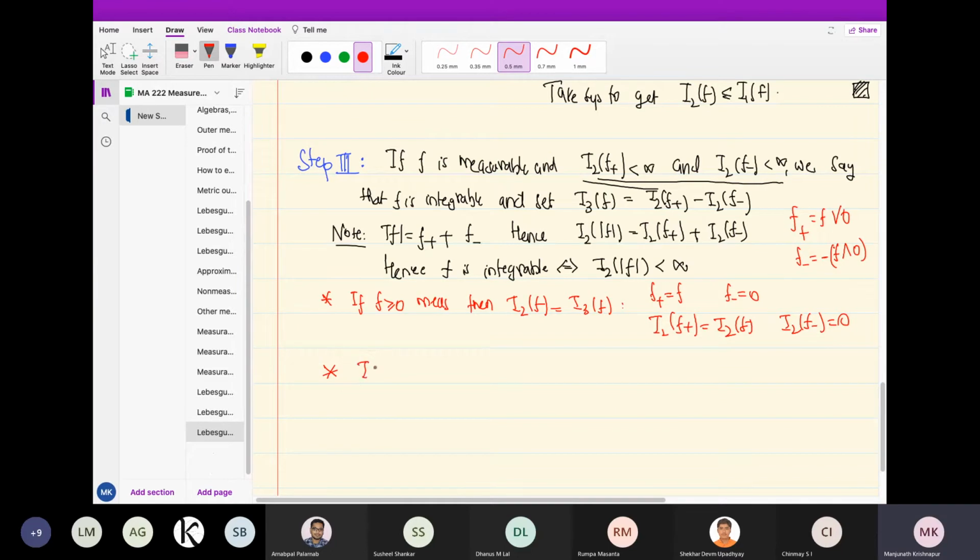If f is greater than or equal to 0 and measurable, then I3 of f is greater than or equal to 0, with equality if and only if f is equal to 0 almost surely with respect to the measure mu.